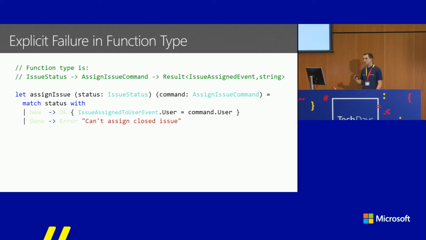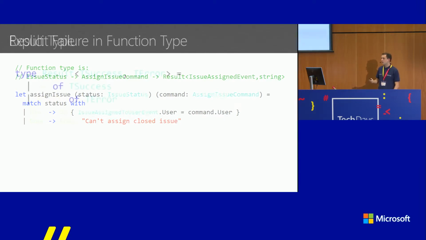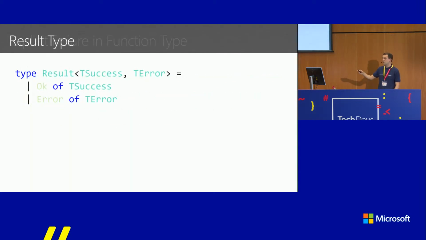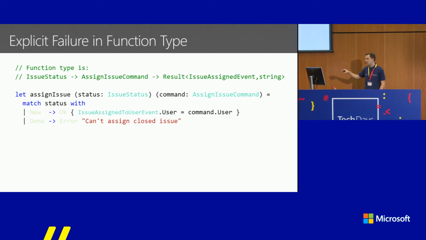It's more or less like switch in C#, but again much more powerful. And if it's new, we return OK, and then we return a value of event. If it's error, then we would just return a string with a message for the user. We could return another type, but string is simple.